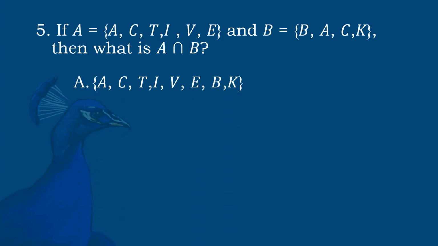A, set with elements A, C, T, I, V, E, B, K. B, set with elements T, I, V, E. C, set with elements A, C. Or D, set with element A.